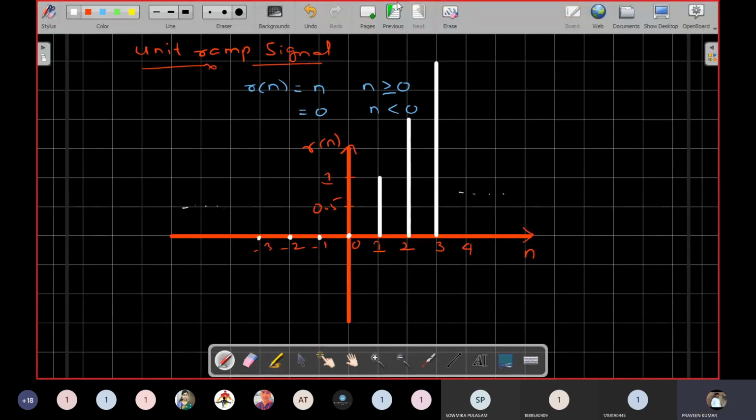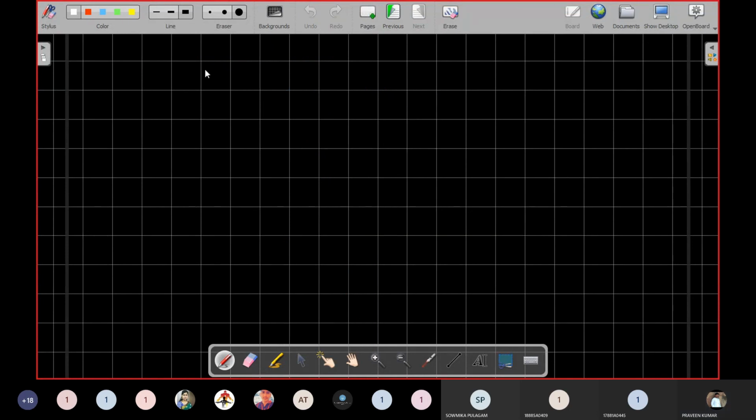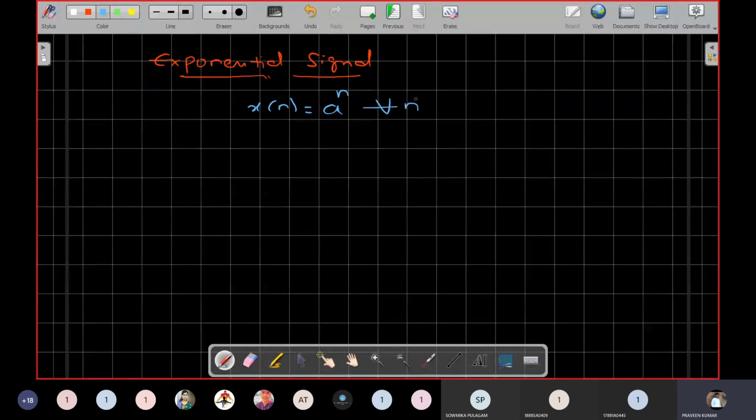The next one, the exponential signal. The exponential signal is represented as x of n equal to a power n, for all values of n. Based on the a values, you have different kinds of exponential signals.